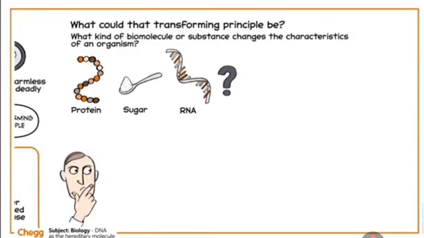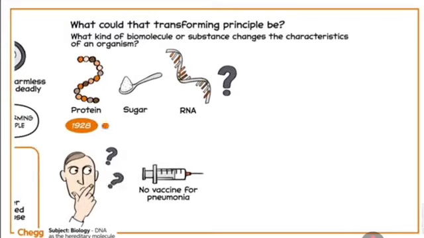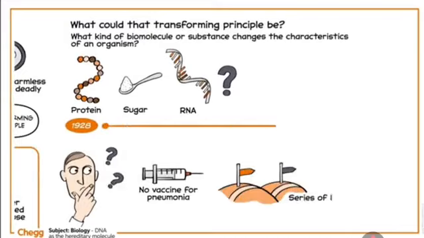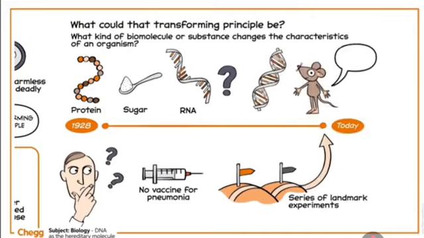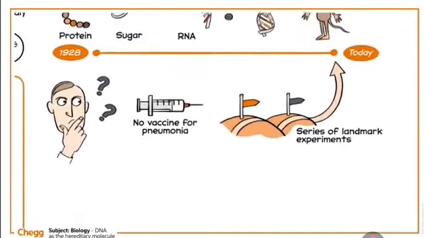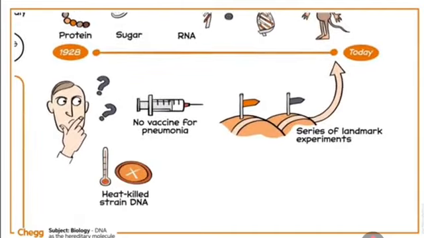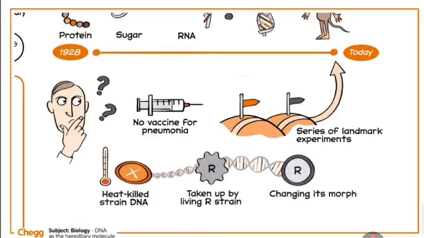Though Griffith didn't have all the answers and never developed that vaccine for pneumonia, his experiment was the first in a series of landmark experiments. Today, we know the answer. It's DNA. The DNA of the heat-killed strain survived the heating and was taken up by the living R strain, changing its morphology and physiology.